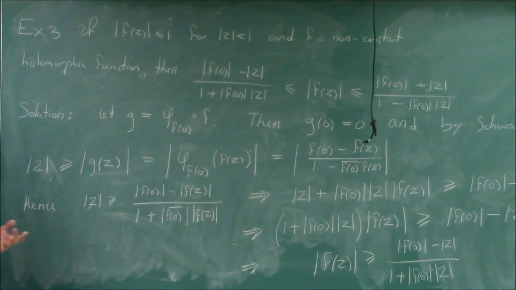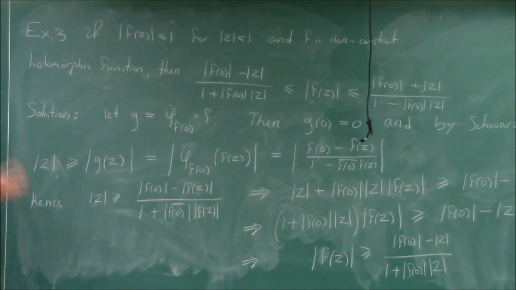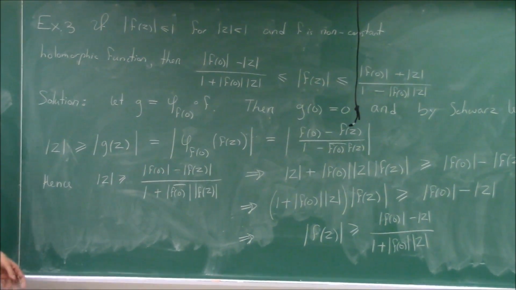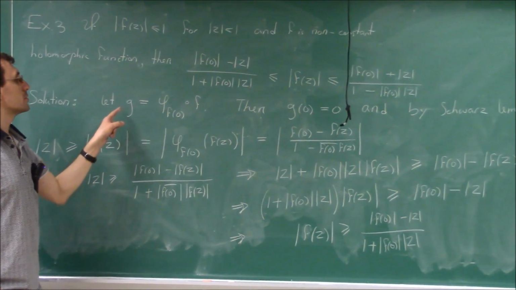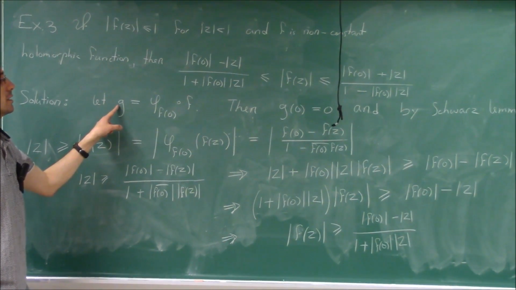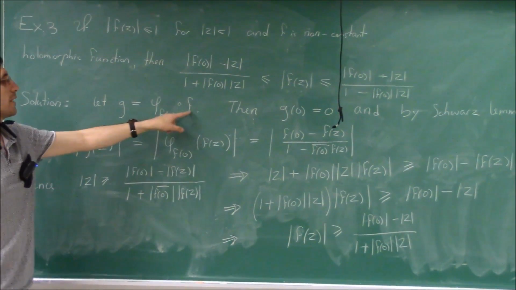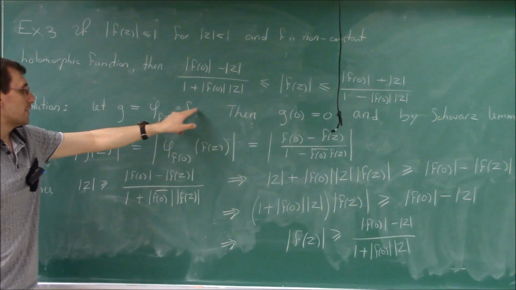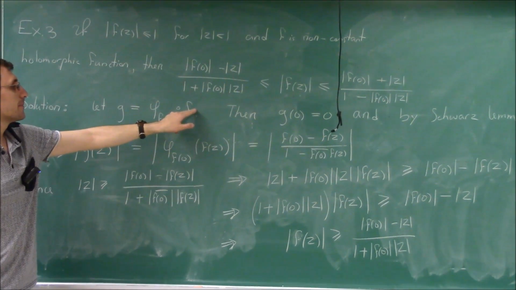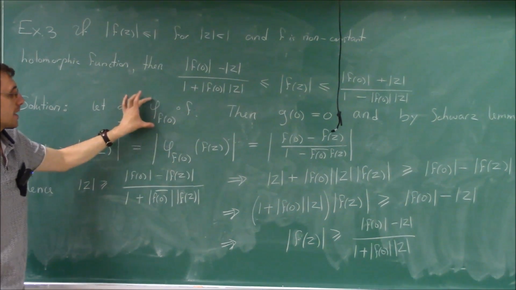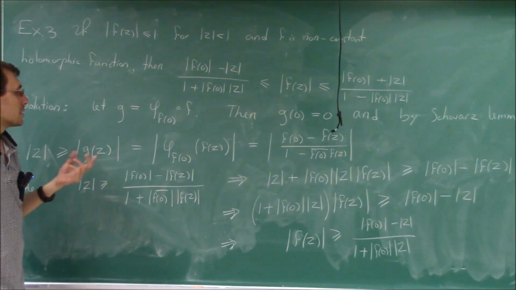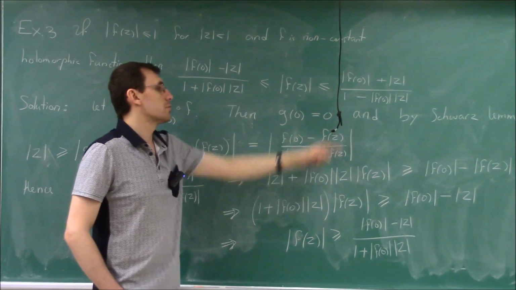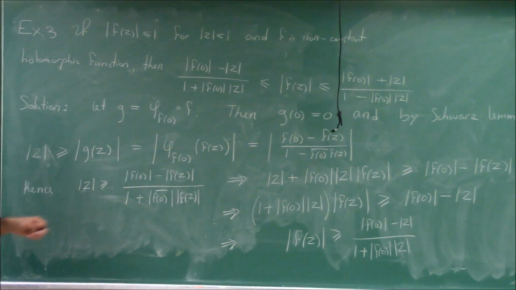Now, how do you arrive at such an inequality? To apply Schwarz Lemma, you would like the function to be equal to 0 at 0. You can achieve that as follows. You can create a new function g, which is the composition of f with phi of f of 0. Look, if you plug 0 into f, you get f of 0, and then apply this map to it. It maps f of 0 to 0. So then g satisfies g of 0 equal to 0, and Schwarz Lemma applies.